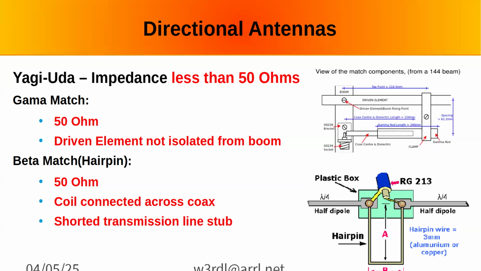That's one of the cases where you'd use the Smith chart to figure that out. But in order to do that, it has to be isolated from the boom, and the two elements are separated, just like for a normal way you'd feed a half-wave dipole. And you can use that same feed on a half-wave dipole.